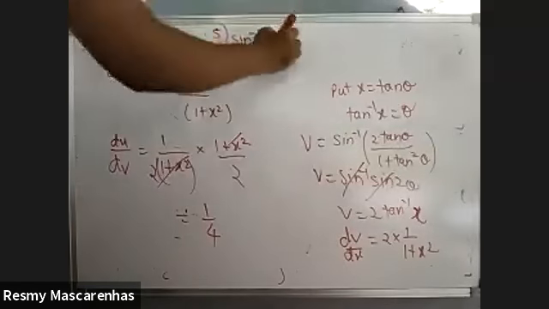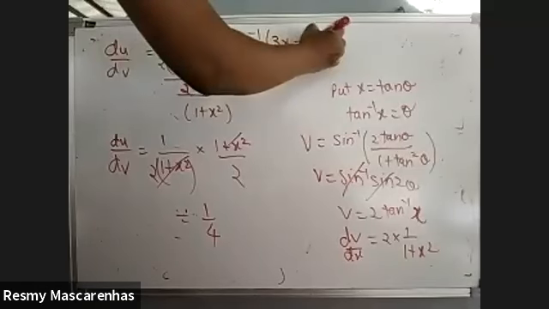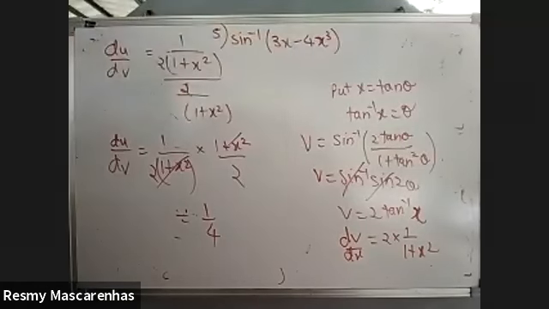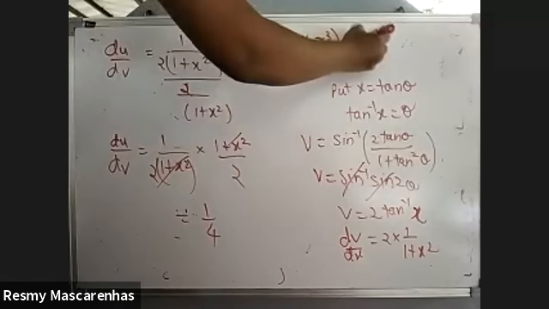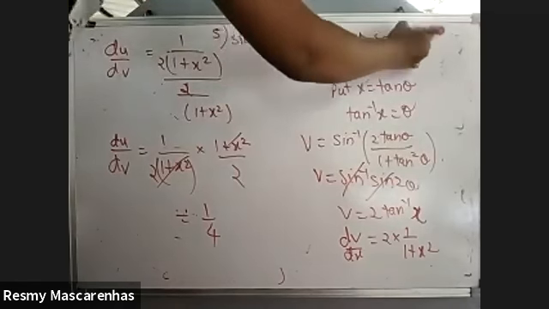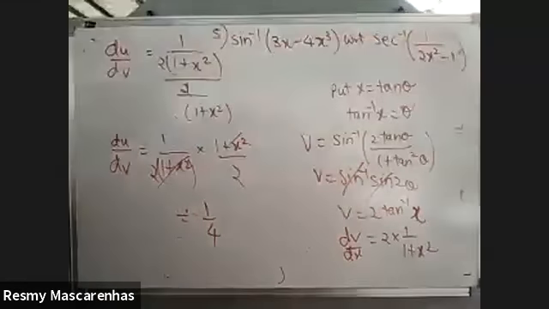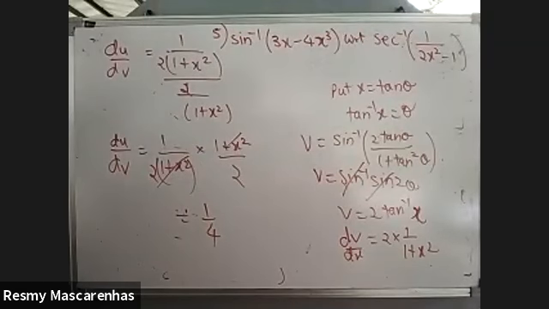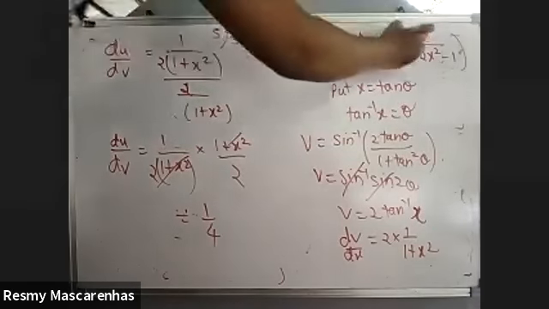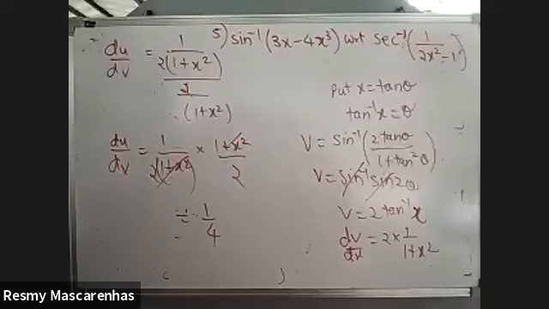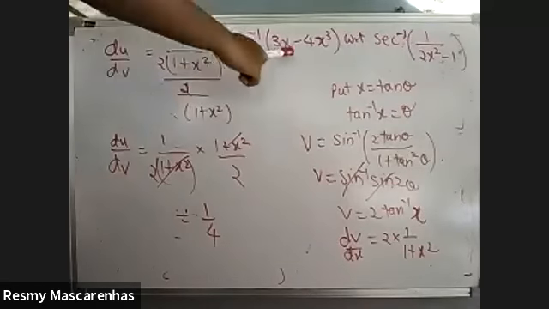Sine inverse of 3x minus 4x cube with respect to sec inverse of 1 upon 2x square minus 1. This is also a substitution.